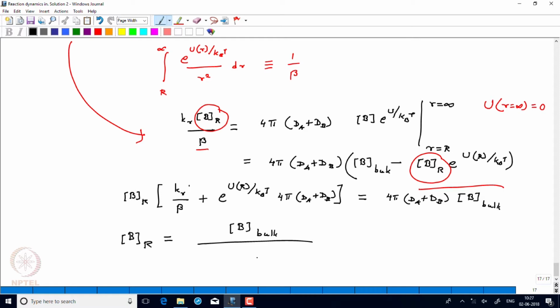And then I'll have two terms, basically one will be, I'm just writing the second term in the denominator, e to the power u of r divided by kBT plus kr divided by 4 pi dA plus dB into beta.